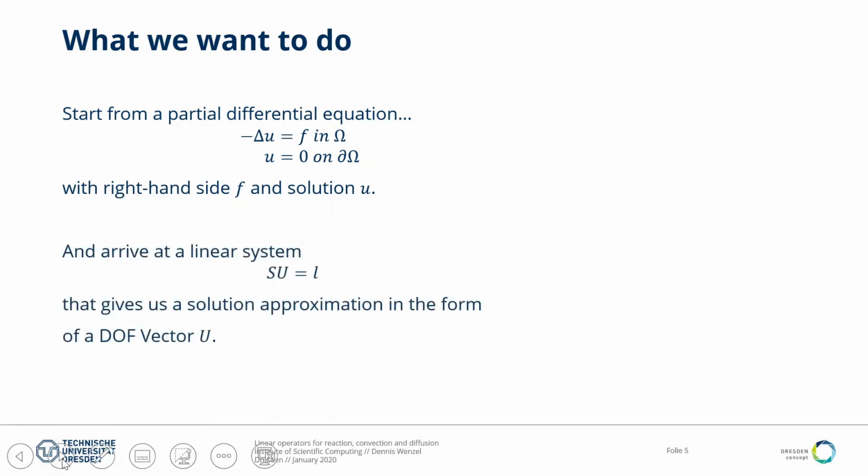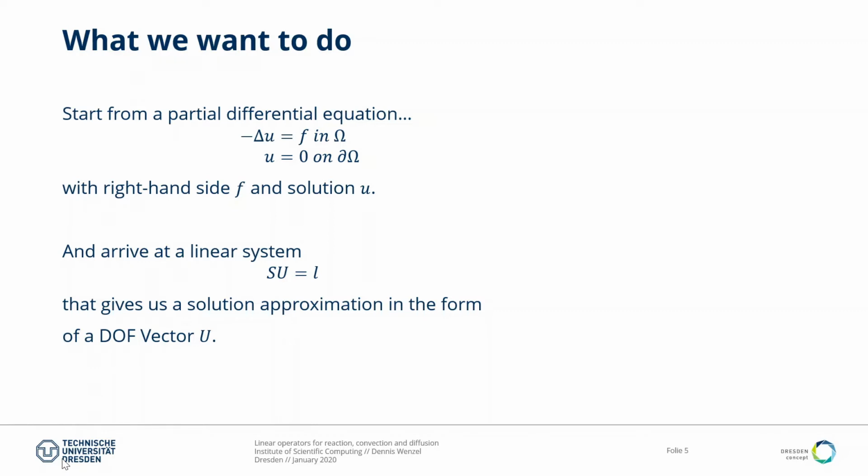And starting from this, we want to arrive at a linear system, some matrix S times a vector U equals L. And this is supposed to give us a solution approximation in the form of a dot vector U, some vector with values of an approximated solution at certain important points.